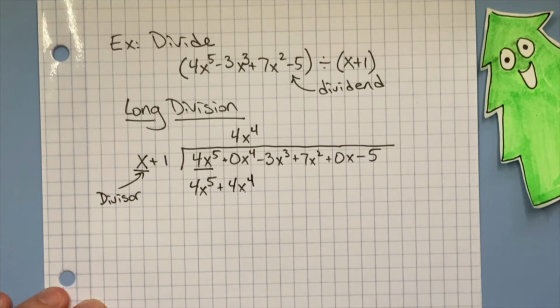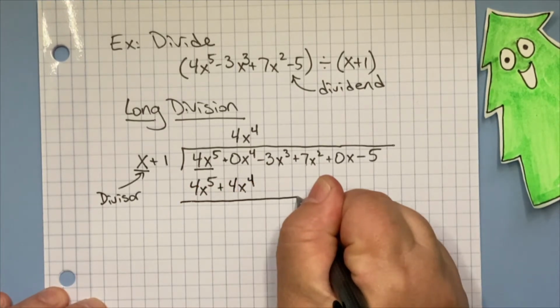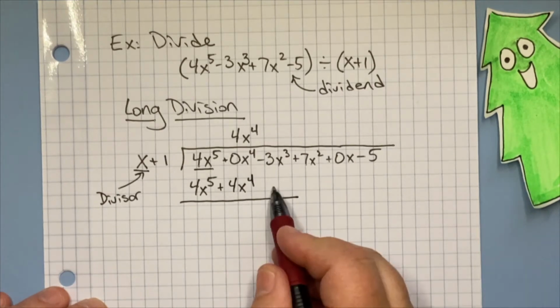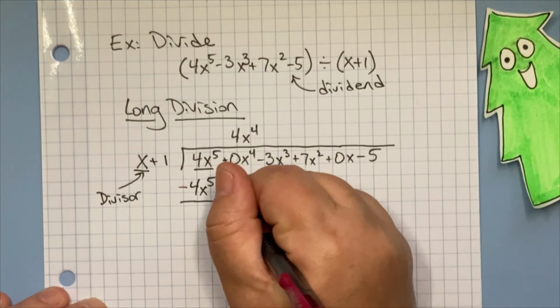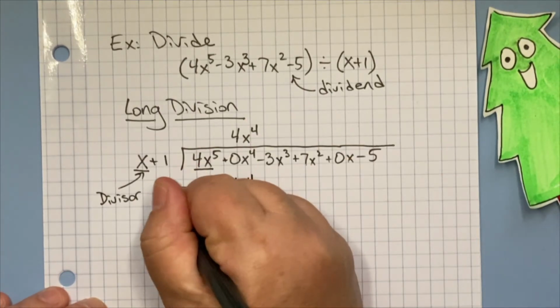Now here's where my method differs from some people, and it just depends on how you were taught to do this. I was taught, and I'll use my red pen to make it easier to see, to change the sign. So this becomes a negative, this is a positive, so it becomes a negative, and then you add.